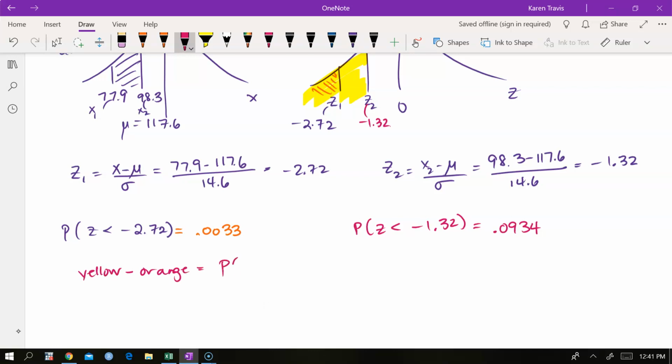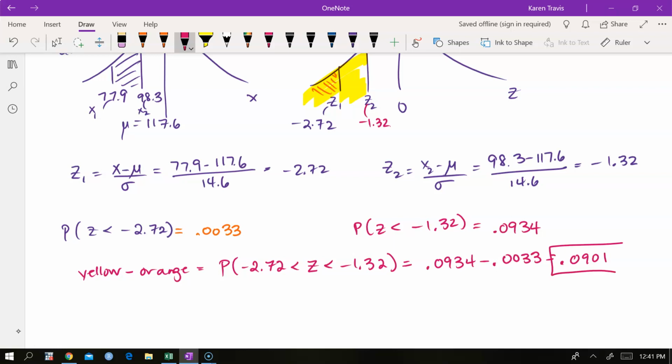And so that will be the chance that z is between negative 2.72 and negative 1.32. And so I need 0.0934 subtract 0.0033. My final answer is 0.0901. So that's the answer to part A.